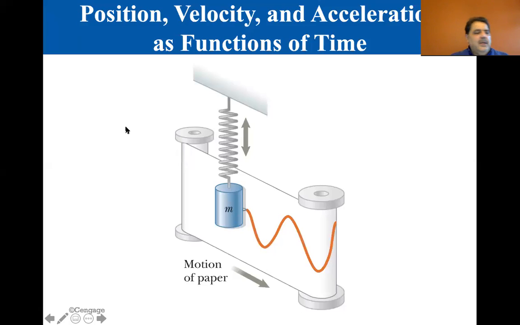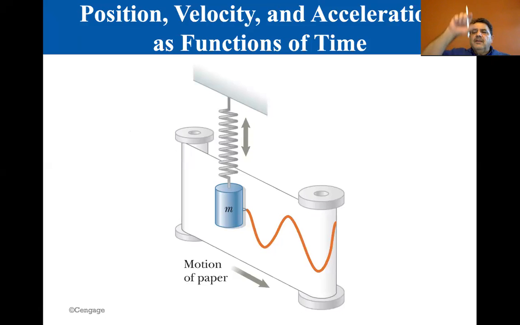So let's go back and look at that last slide. If you can imagine just a pendulum going back and forth, and you're going to do this on Thursday, you're not going to do this with a piece of paper, but you're going to see a pendulum going up and down. And you can imagine if you had a scroll of paper that would steadily move across this pendulum, and this pendulum has a little pen to write on the paper.